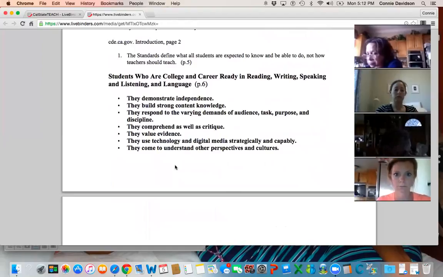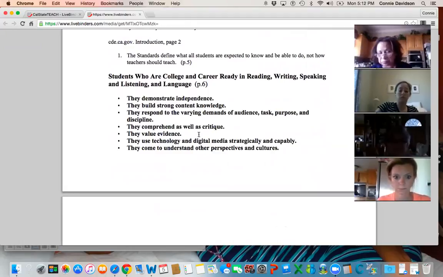Students who are career and college ready are able to do these things. They can demonstrate independence. They have strong content knowledge. They can respond to different audiences and tasks and purposes in various disciplines. They can understand critique and really understand the value in that. They value evidence.